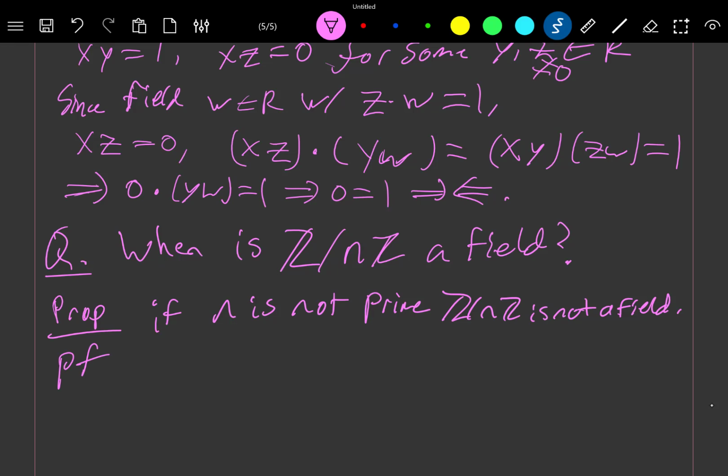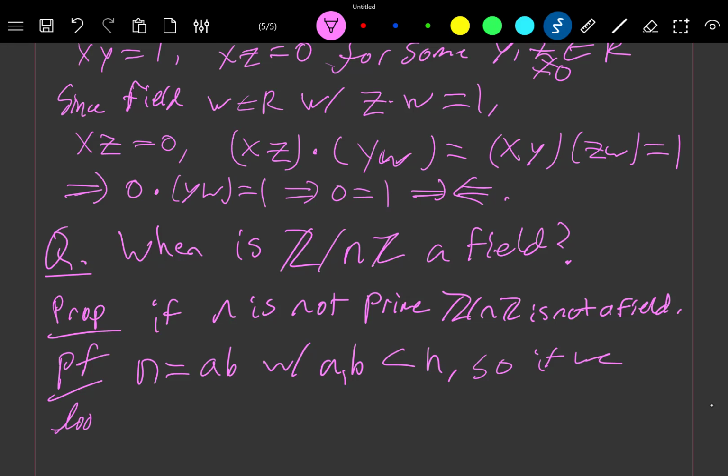The proof of this is rather simple. If you can write n as a times b with a and b less than n, so if we look at a times b, this will be 0 modulo n, and these are also greater than 1.